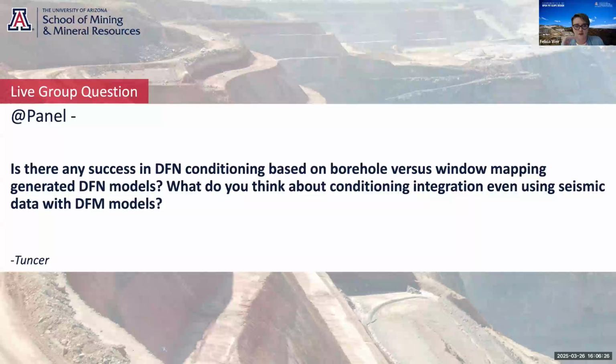In the boreholes, we're going to take every single structure that we've encountered, but if you were mapping them, they might be quite short and you wouldn't necessarily consider them. So what we did in that example was actually have to factor down our P10, or our intensities, from the boreholes to better match the fracture intensity that we actually encountered. If we'd gone with just the borehole DFN conditioning, we would have really penalized the batter face geometry. So I'll leave someone else to answer the second part of the question on the seismic data.